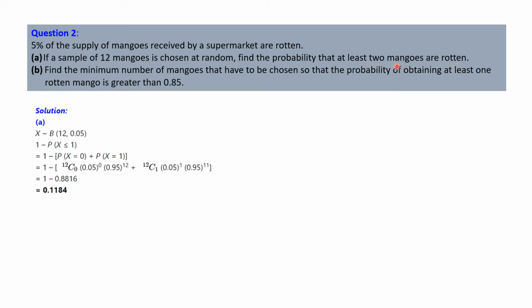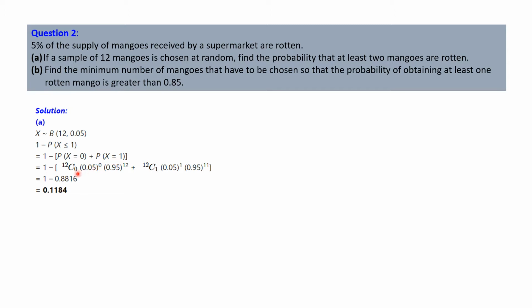So instead of finding the probability of x equal to 2, x equal to 3, 4, and 5, it's easier for us to use 1 minus probability for x less than or equal to 1. So we use 1 minus the probability when x equal to 0, which means there's no rotten mango, plus the probability of x equal to 1, which means there's only 1 rotten mango.